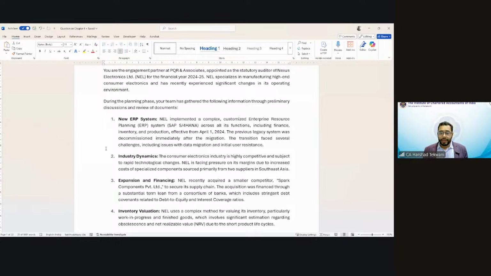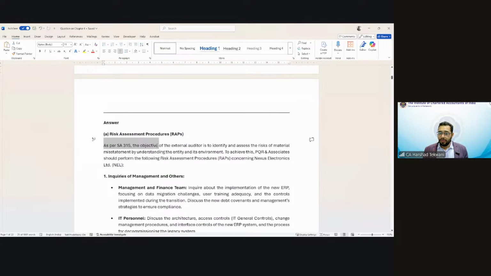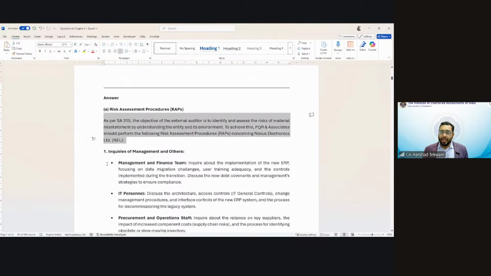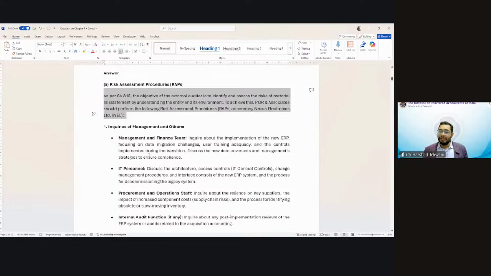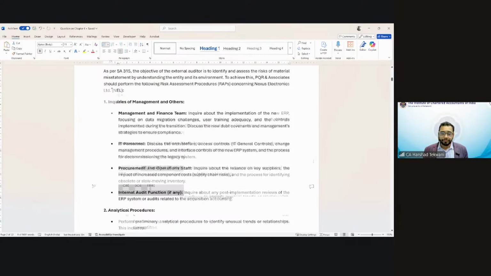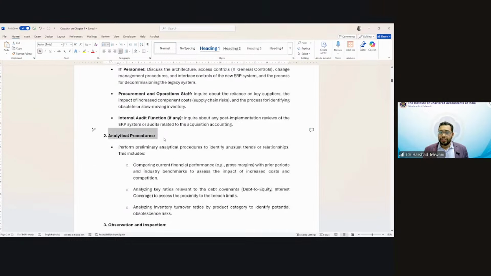So, as per SA 315, the following are the risk assessment procedures that will be performed. Inquiries of management and others, like finance team, management, IT personnel, procurement and operational staff, internal audit function, if any. Then analytical procedures, comparing current financial performance, analyzing key ratios, analyzing inventory turnover ratios.